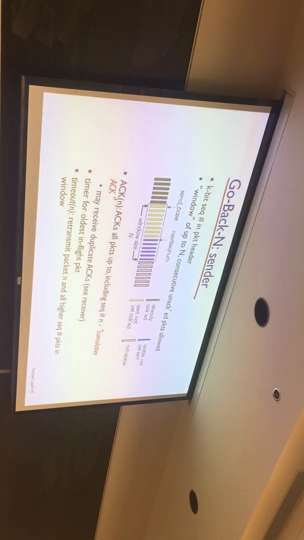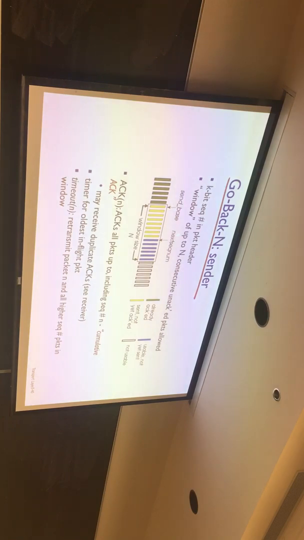But these yellow boxes mean they have been sent, but the sender hasn't received the acknowledgement back. That means they have to be prepared, since some of them may get lost, so they are still in the window. And these blue boxes mean they are in the sender's buffer. They are ready to be sent, but they haven't been sent yet.